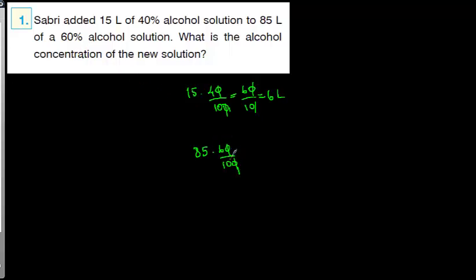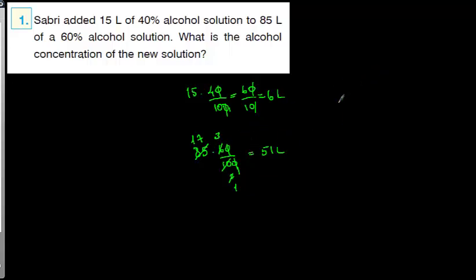So I cancel the zeros, and if I divide by 5, 85 divided by 5 is 17, and 60 over 100 becomes 3 over 5... 17 times 3 is equal to 51 liters, isn't it? 51 liters.